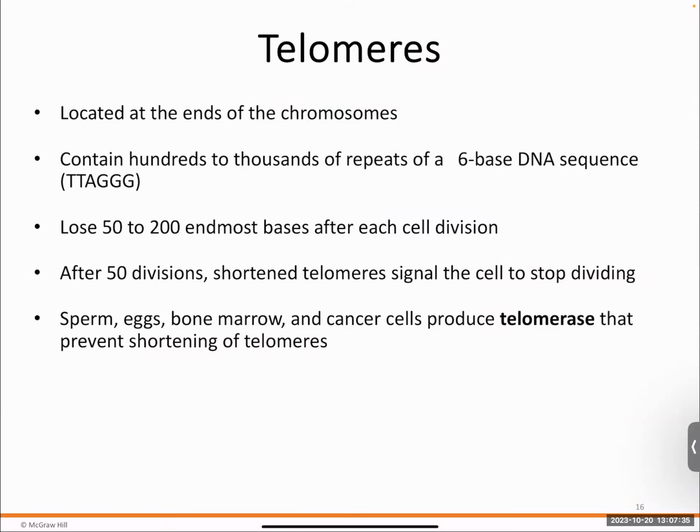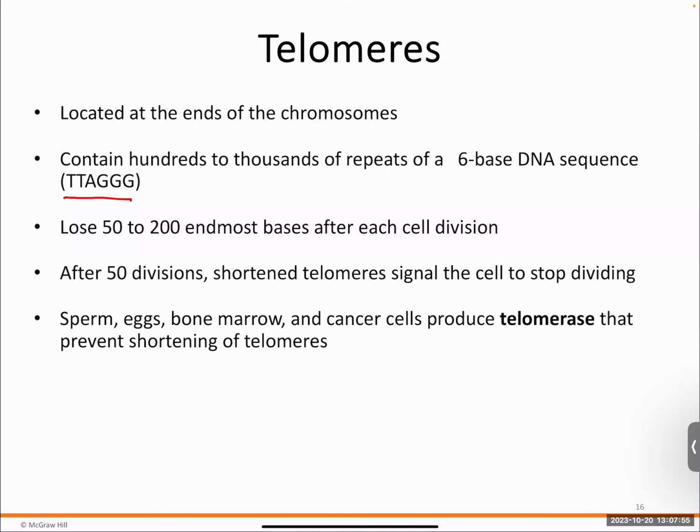Now let's talk about telomeres, guys. Telomeres are structures, repeats of DNA that have the following sequence. These repeats are at the end of the chromosomes, and there are only 6 bases.